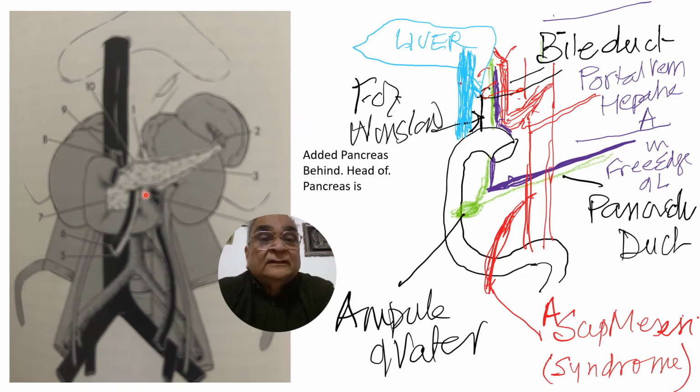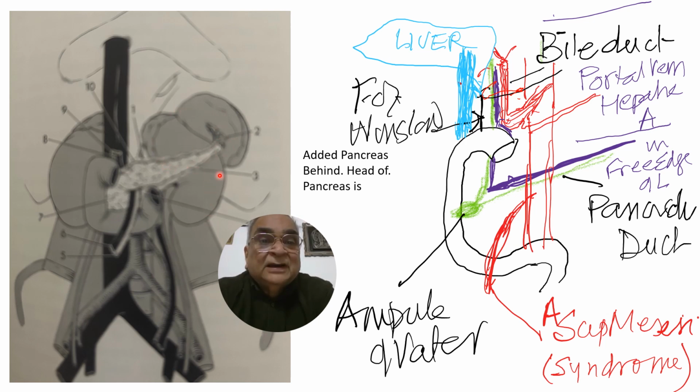Now we have placed the head of the pancreas in the C of the duodenum and the tail passing across the kidney into the spleen. So the anterior relation of the kidney would be superior to the tail of pancreas and inferior to the tail of pancreas.